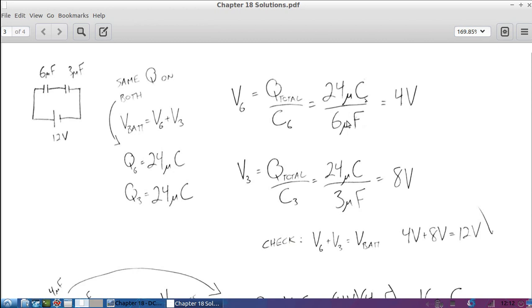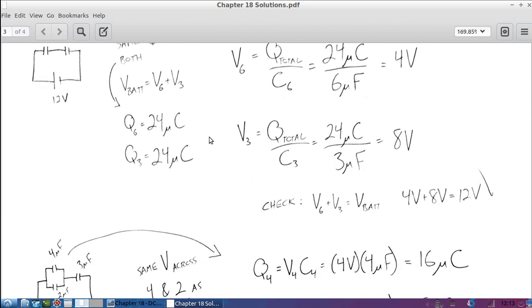I'm canceling out the micros. Okay, so I have 24 divided by 6 and I have 4 volts. So I have the same thing for V3. I know the charge on the 3 microfarad capacitor, and I know its capacitance. So 24 microcoulombs divided by 3 microfarads is 8 volts.